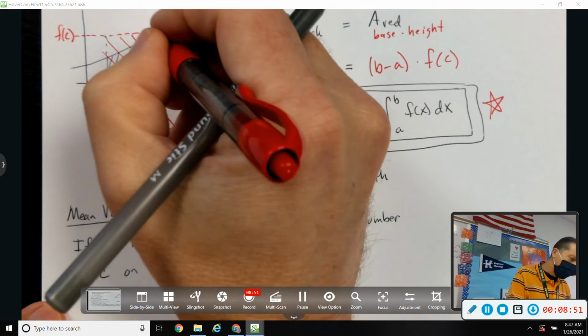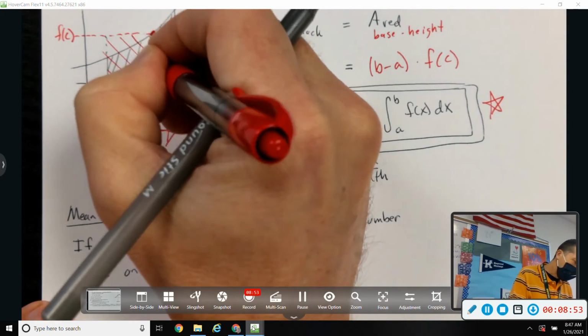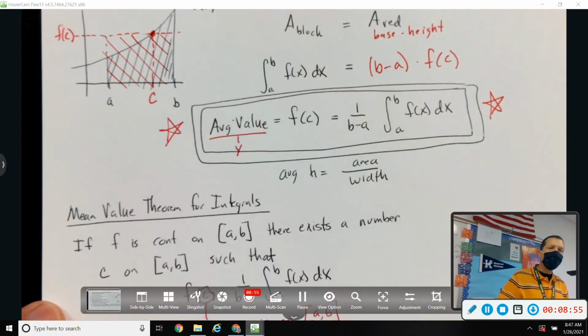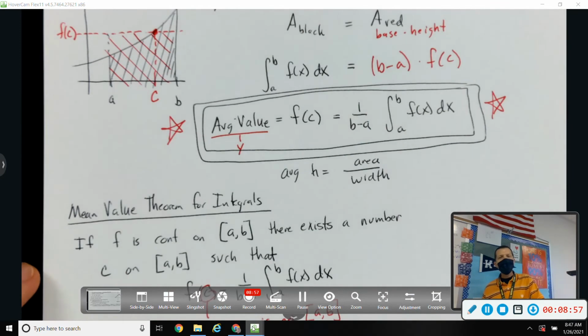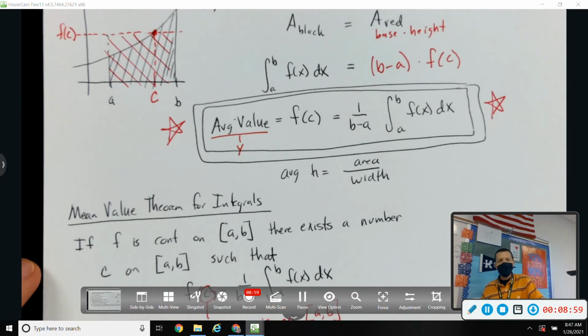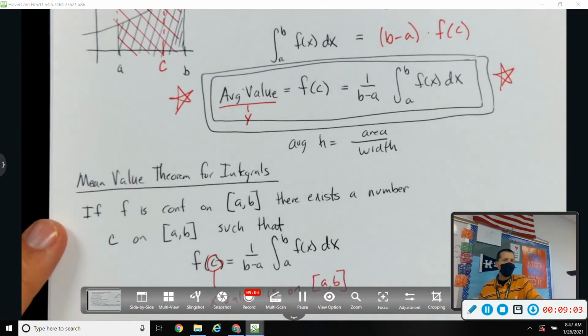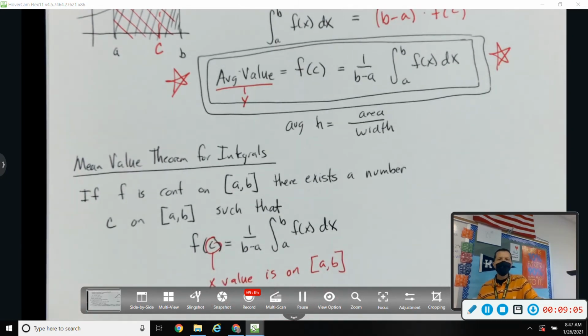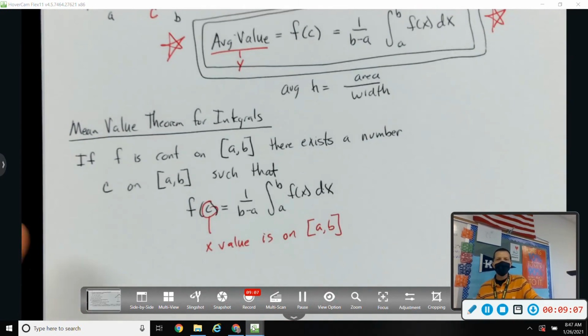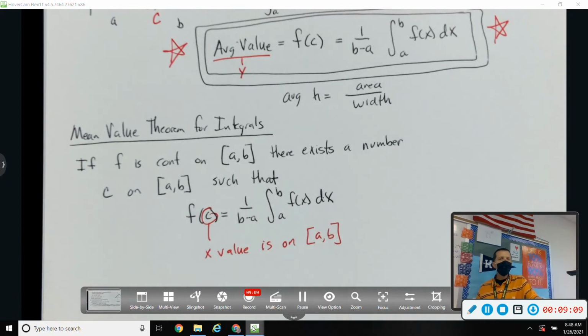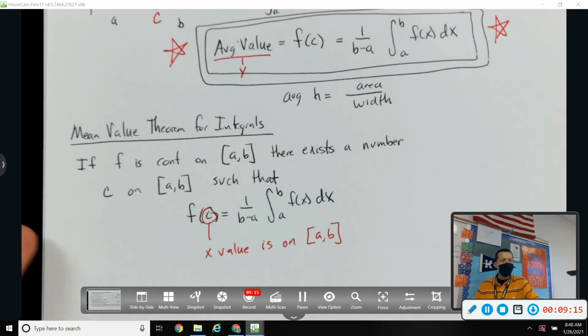So for our picture, there's C, the place where that height occurs. It occurs between A and B. That's why these two concepts always go together, because it uses the same thing. One's talking about the y value, what's the average height. The mean value theorem is saying, where does it happen? Well, it happens in between A and B.